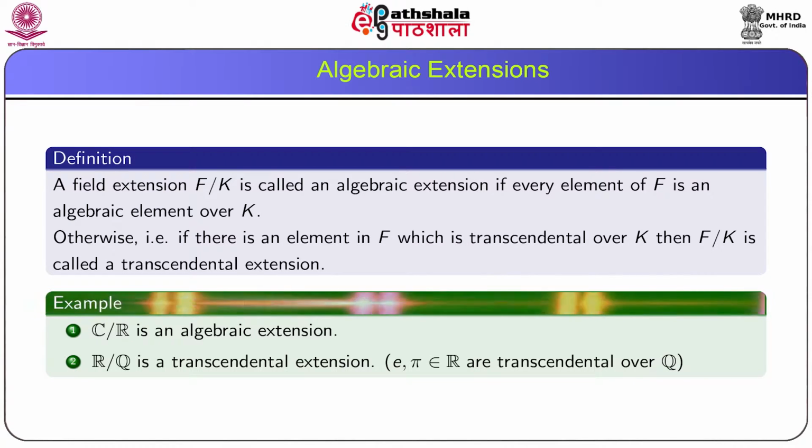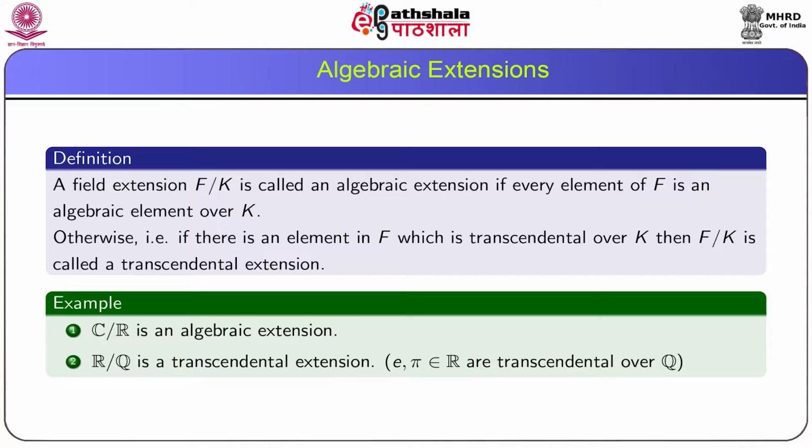As an example, we have C by R, which is an algebraic extension. If a plus ib is an element of C, you know that a plus ib is a root of the real polynomial (x minus a) whole square plus b square.